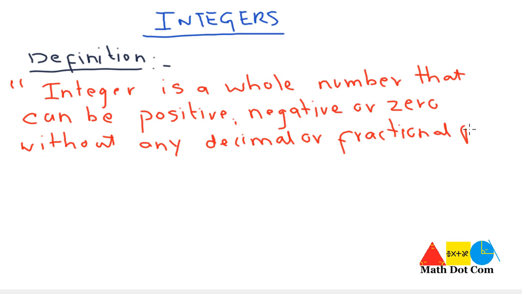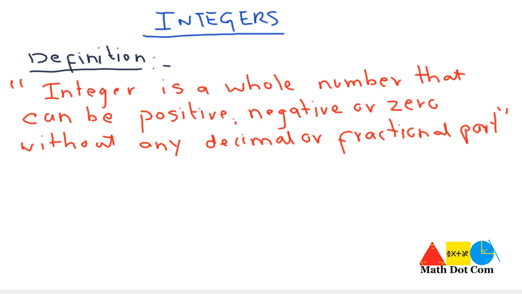Okay, this was the definition according to which an integer is a whole number that can be positive or negative, and it includes zero. So zero is also an integer, but it must not contain any decimal or fractional part.